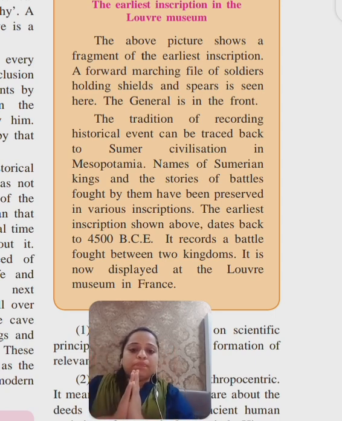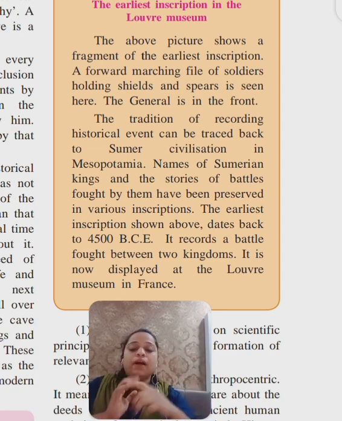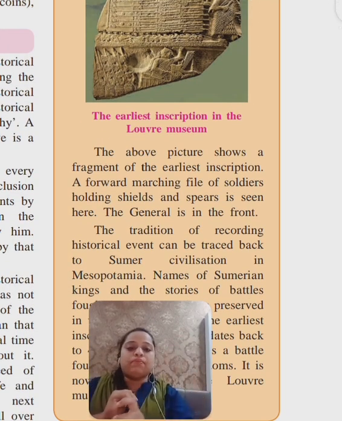The earliest inscription shown above dates back to 4500 before Common Era. It records a battle fought between two kingdoms. It is now displayed at the Louvre Museum in France. So the picture above shows an inscription of the Louvre Museum. Okay, so the general is at the forefront.